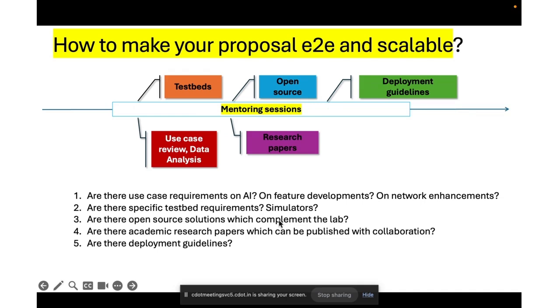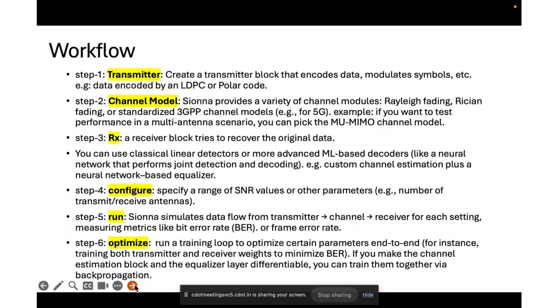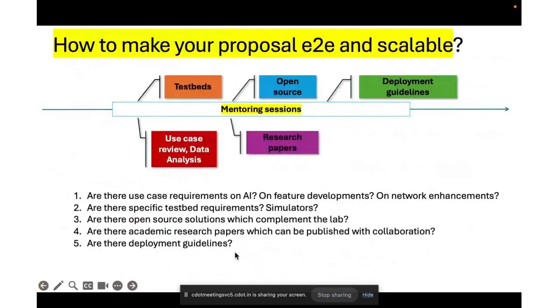Are there open source solutions which complement the lab? I think we discussed one today in case of 5G scenarios, but you could also look at other open source solutions which can be used to complement whatever you have in the lab. Are there academic research papers?